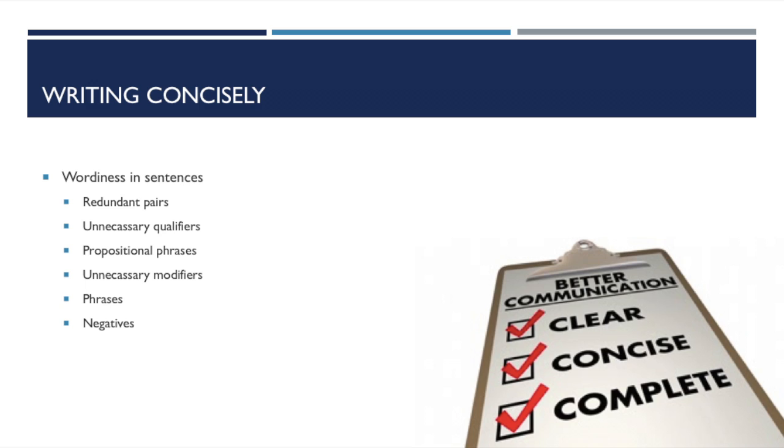And then the last thing to look at is to identify any negatives and change them to affirmatives. When you write a sentence in a negative form, you have to use extra words. One example is "if you do not have more than 5 years of experience," which is way more words than saying "someone with more than 5 years of experience can..." That just makes it way more wordy.